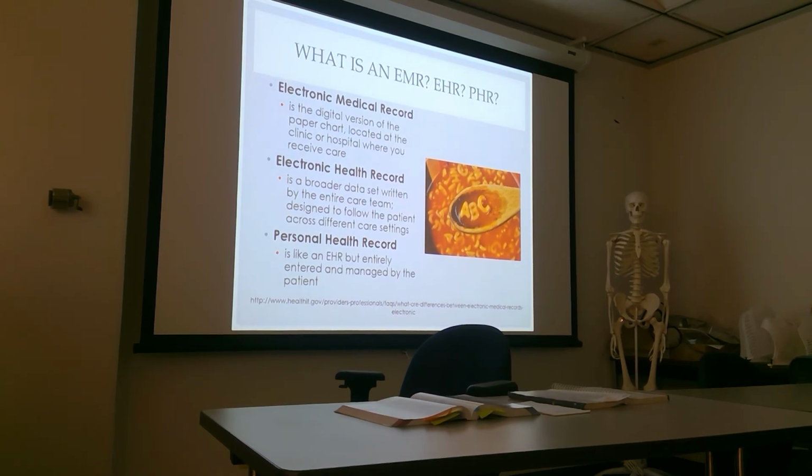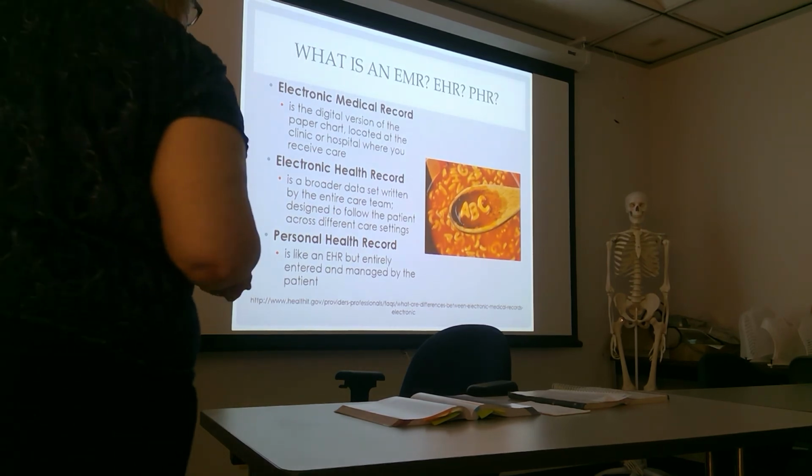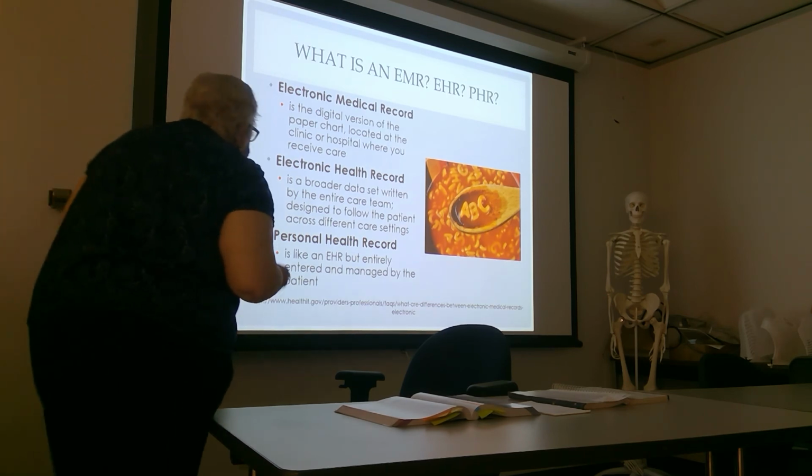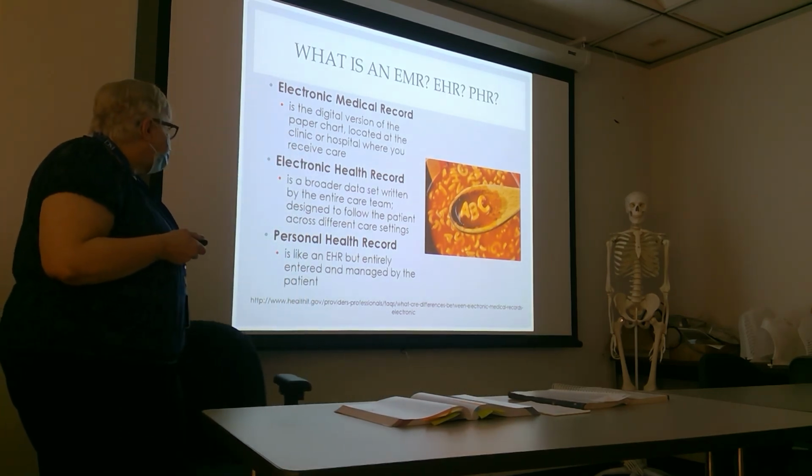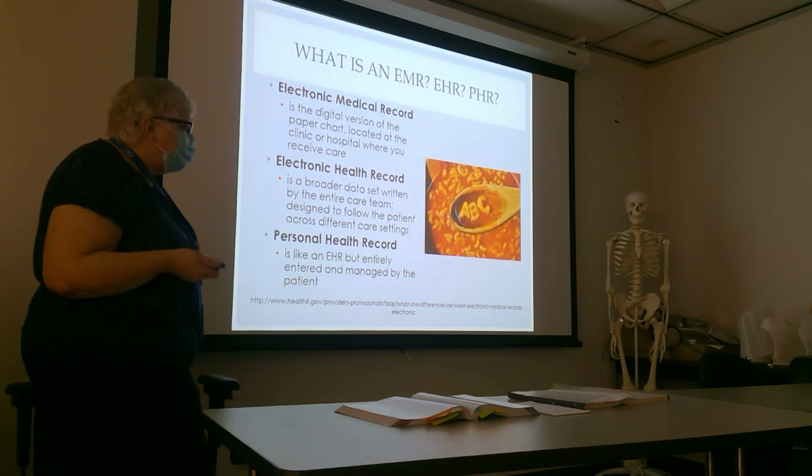EMR is a digital version of a paper chart. EHR is a broader data set written by the entire care team, so it's basically everything included as far as the patient's health record. Personal health record, PHR, is like an EHR, but it's entirely entered and managed by the patient.